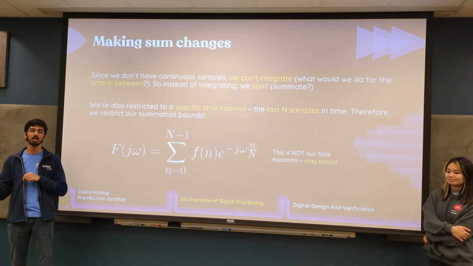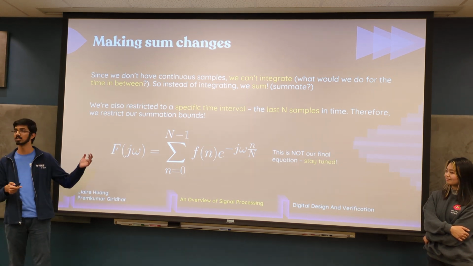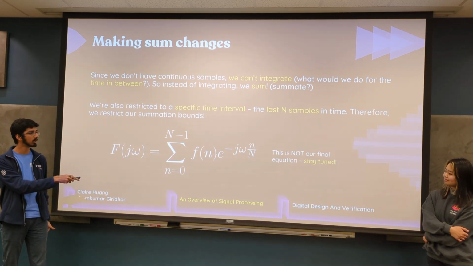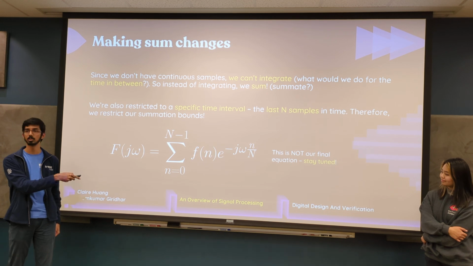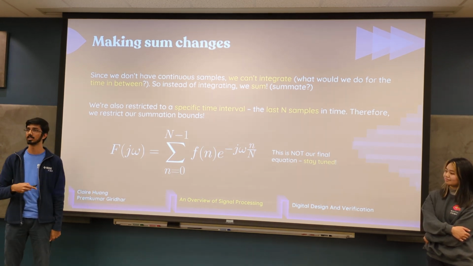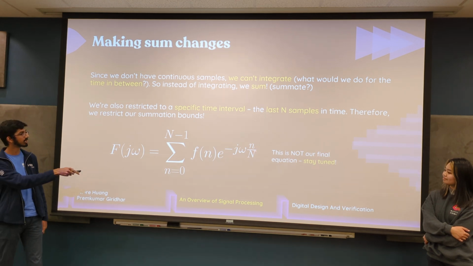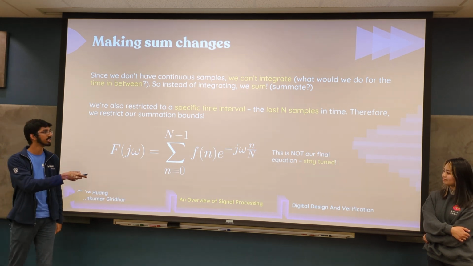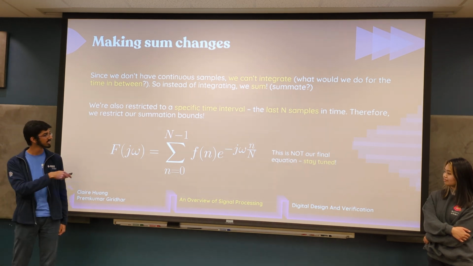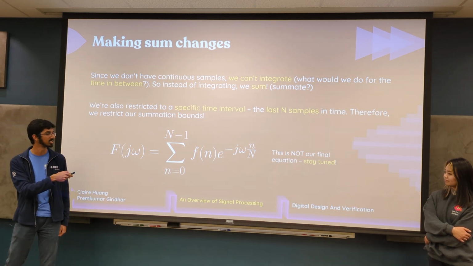You can recover the information that you need using just this bit of information. And then also, as you see here, we no longer use time as our input to the function. We just use n for the sample that we're trying to extract. And similarly, we replace time over here with n over the maximum number of samples, capital N. This is not our final equation. We have one more change we need to make.